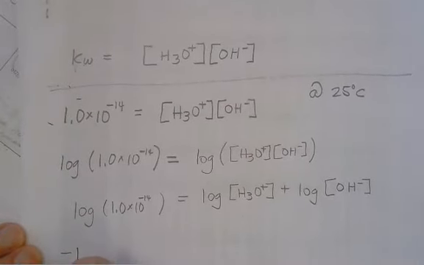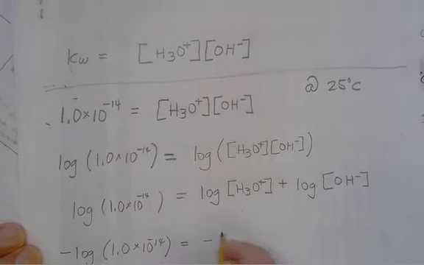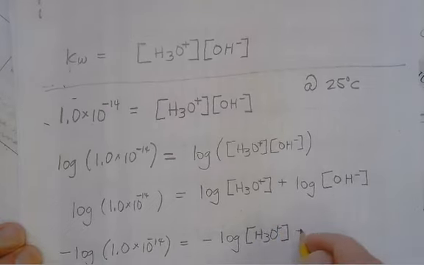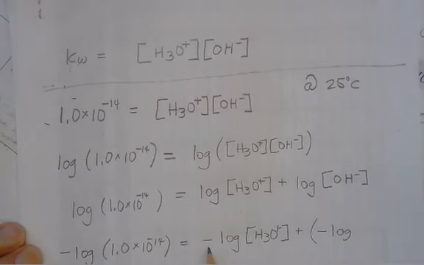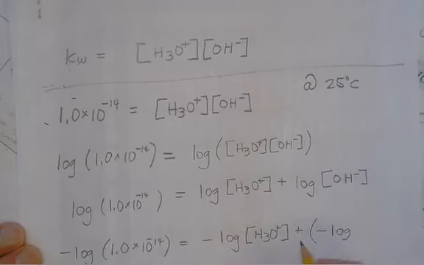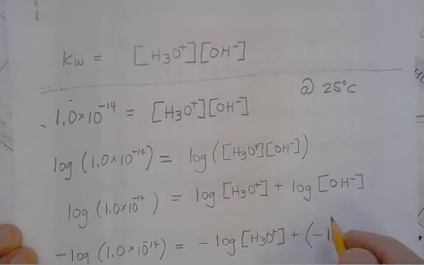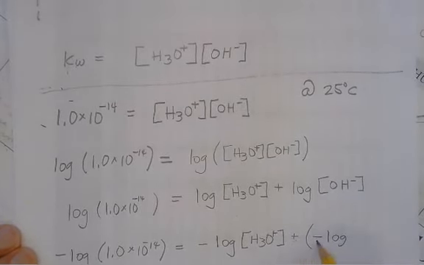So if I multiply through by -1, minus the log of this one, and minus the log of that one. So what I did is I multiplied through the -1 by both of these, because I want that plus sign on the outside. So I'm pulling the negative in here, right? Good.